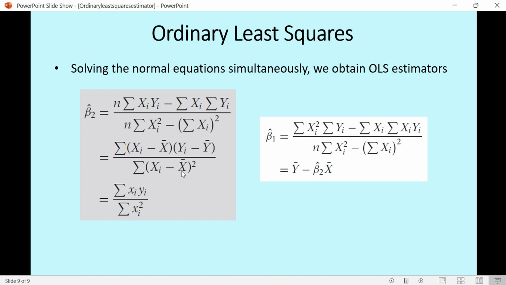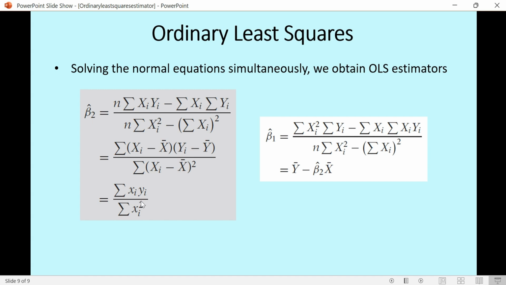Similarly, here is the sum of the squares of the difference between xi and its mean value. So beta 2 hat can be expressed as this division.